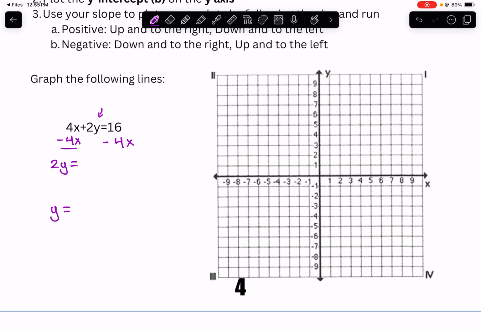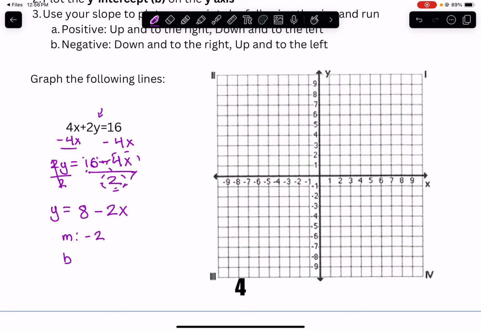So now I have 2y is equal to 16 minus 4x. Now y is the only variable, but I want to get rid of that 2, so I'm going to divide both of these by 2. 16 divided by 2 is 8, minus 2x, because minus 4 divided by 2. So now my slope is negative 2, and my y-intercept is 8.